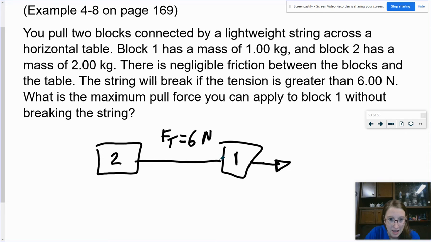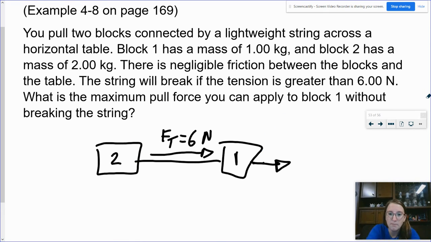If I feel a force tension going this direction, 6 newtons, that means block 2 is only going to feel that force. Block 1 is going to have the total force acting on it, but block 2 is only going to feel the force from this string. So the force acting on block 2 is just 6 newtons.